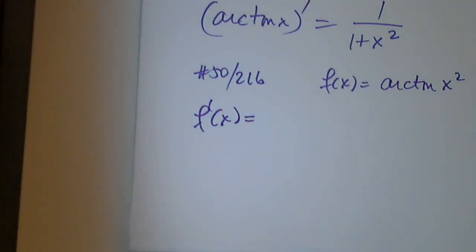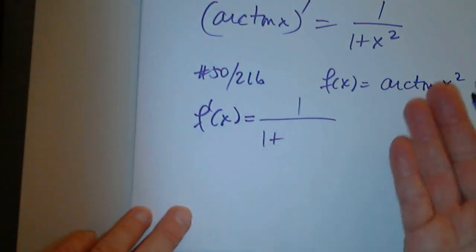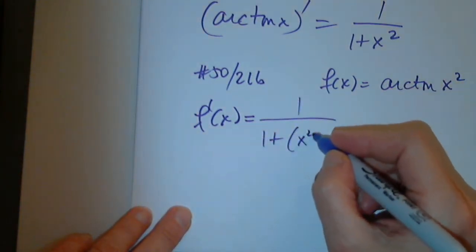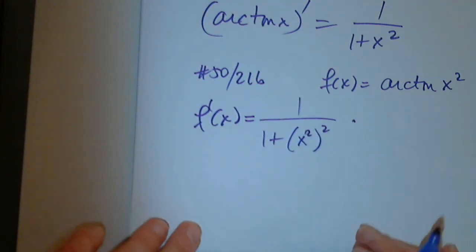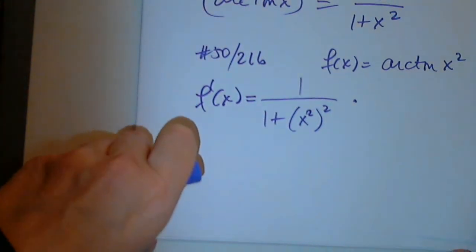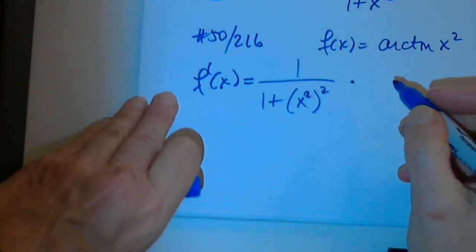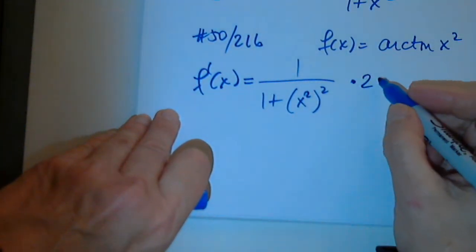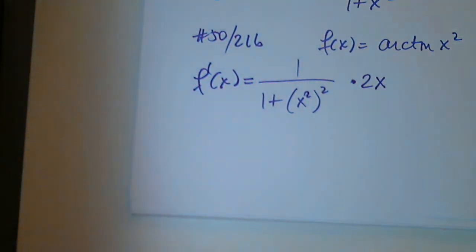We know that arctangent prime will be 1 over 1 plus what this is squared. But times, of course, times what? Times the inner function prime.